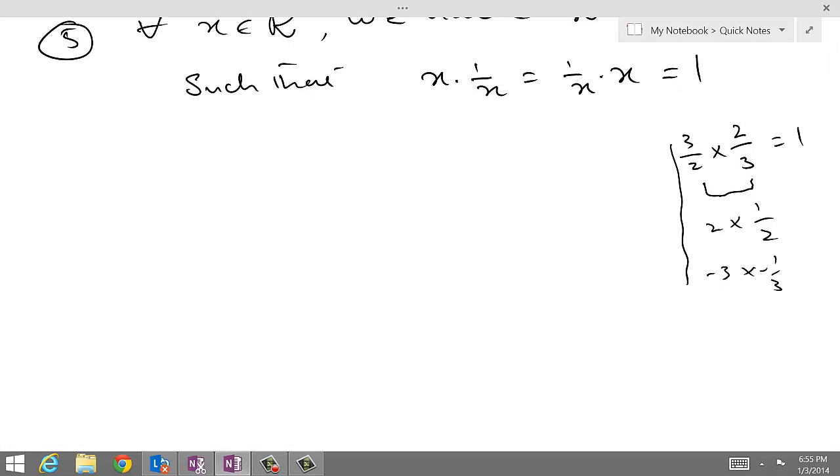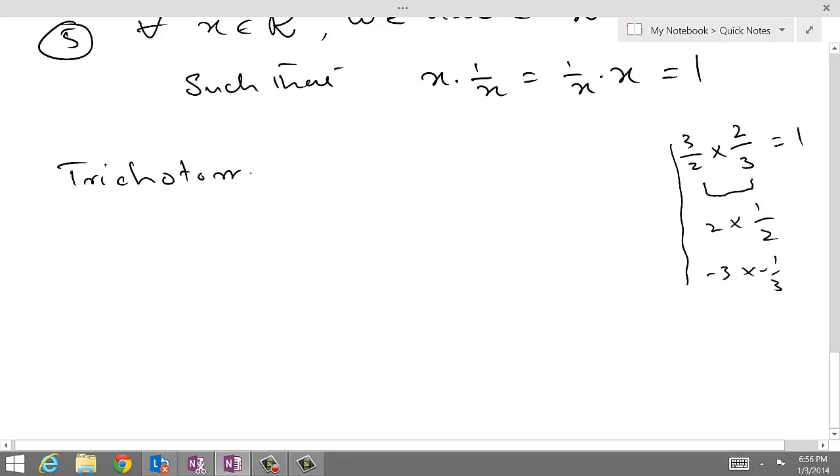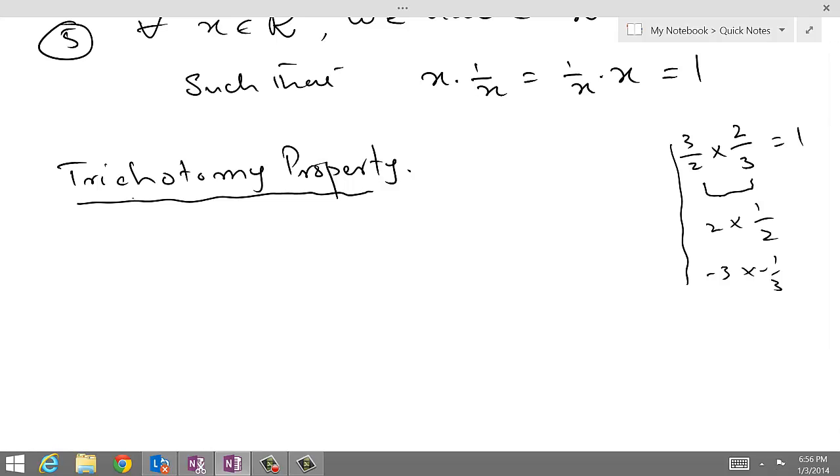Now there are some other properties of real numbers, the first of which is called the trichotomy property. What this means is that any two real numbers can only have one out of three possible relations.